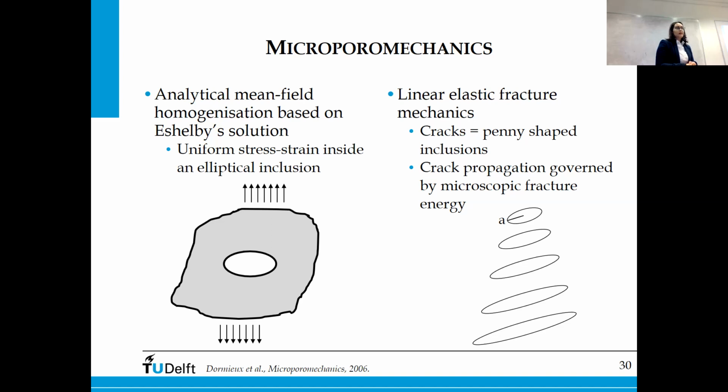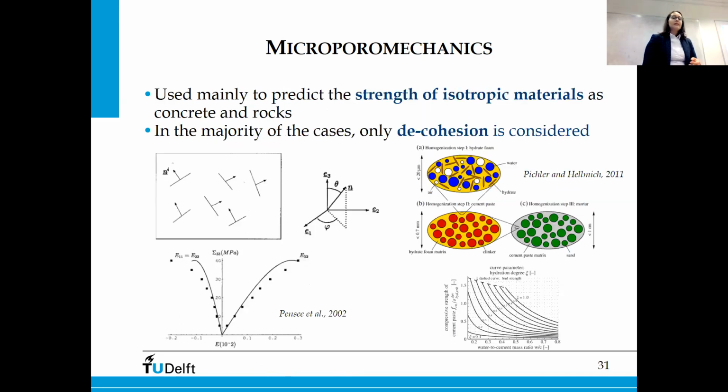The idea was that if one of the inclusions in your system is a penny-shaped crack, you can say that the crack will grow by changing the radius of the penny shape, based on the microscopic fracture energy derived in terms of linear elastic fracture mechanics. This theory is widely used for determining the strength of isotropic materials, especially rock and concrete.